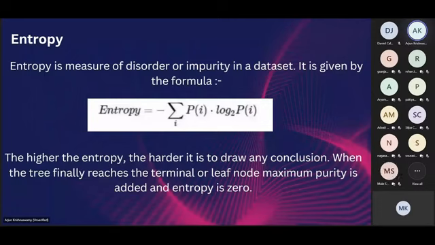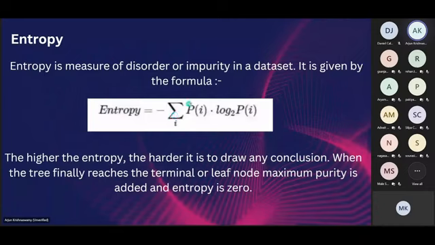This is the formula. I'll tell you why this again makes sense intuitively. Suppose you have a data set which only consists of people who like, say, Red Bull, in which again it'll be easier to understand. Then the probability of yes, liking Red Bull, is 1, and the probability of people who don't like Red Bull is 0, because it's a pure node. Then the entropy will be minus p yes log p yes, and p yes is 1, and p no is 0.